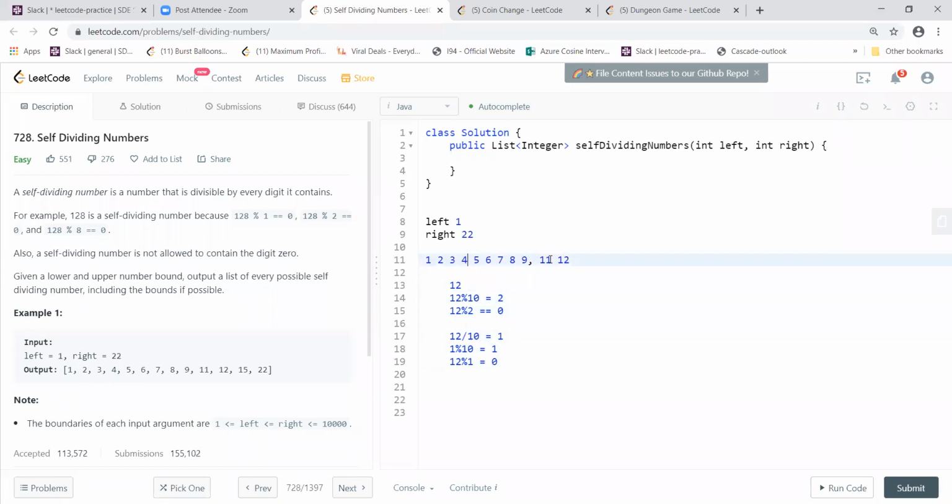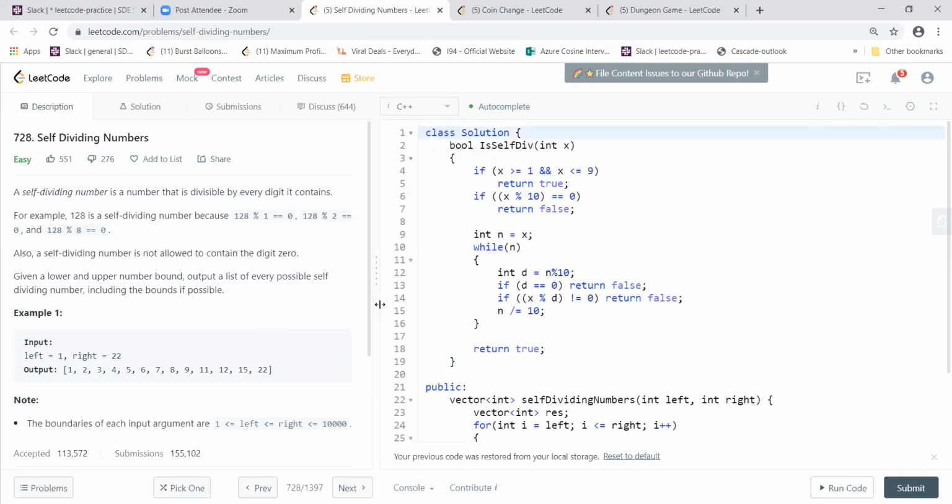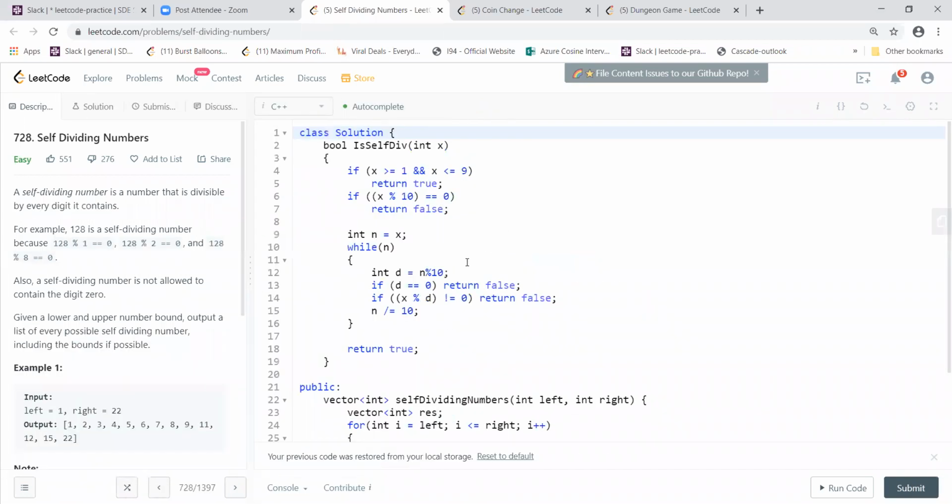So we can keep on doing this, exactly the way I am saying. I just tried these numbers, included them in the list, and returned the list. There's nothing much to explain in this, but I'll quickly run through the solution I've implemented.